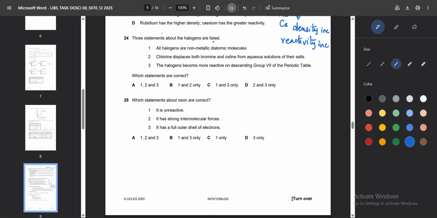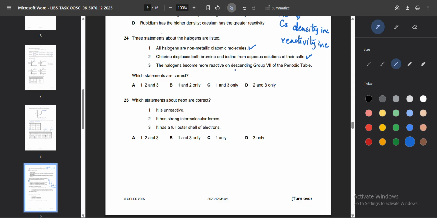Three statements about halogens are listed. All halogens are non-metallic diatomic molecules. Okay, so this is correct. And then chlorine displaces both bromine and iodine from the aqueous solutions of their salts. Yes, chlorine can displace bromine and iodine.